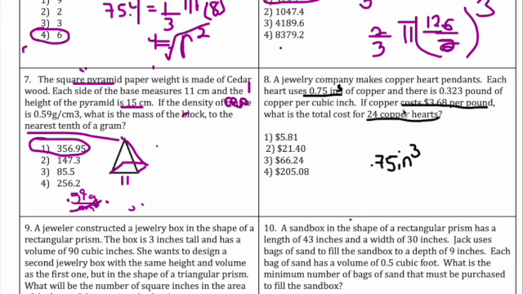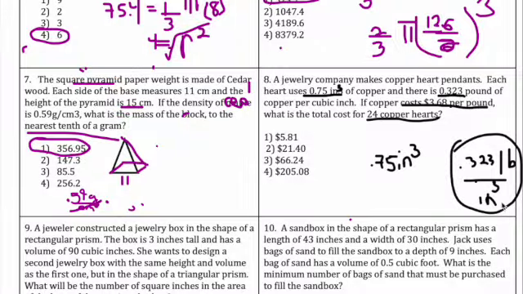And there is 0.323 pounds of copper per cubic inch. I don't need to convert units here, but I see that this is the density, because it's pounds per cubic inch, mass per volume.